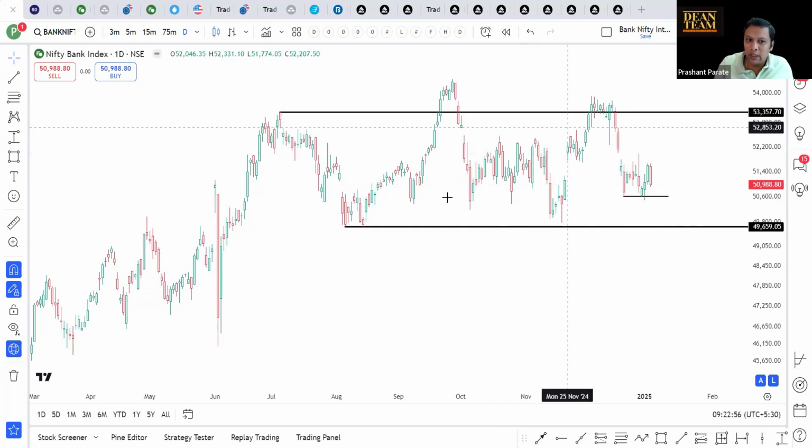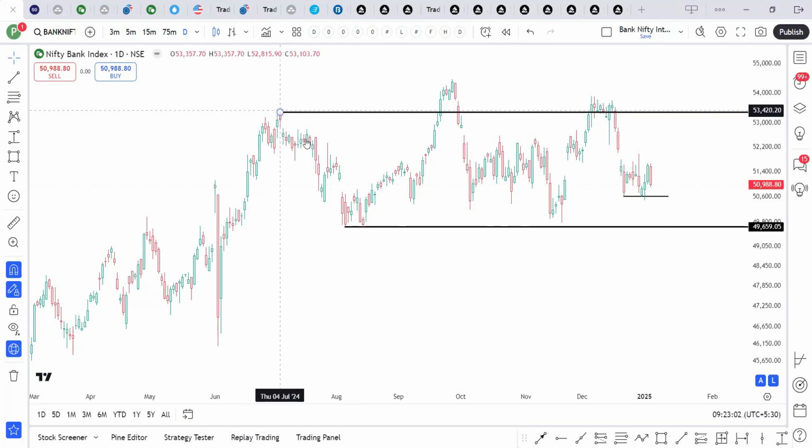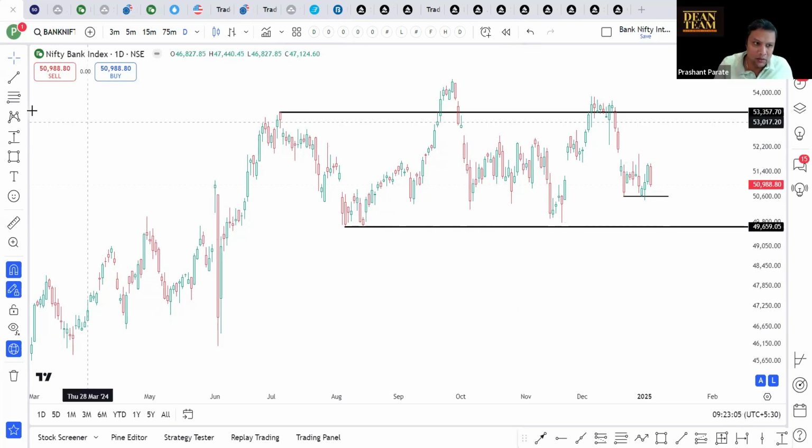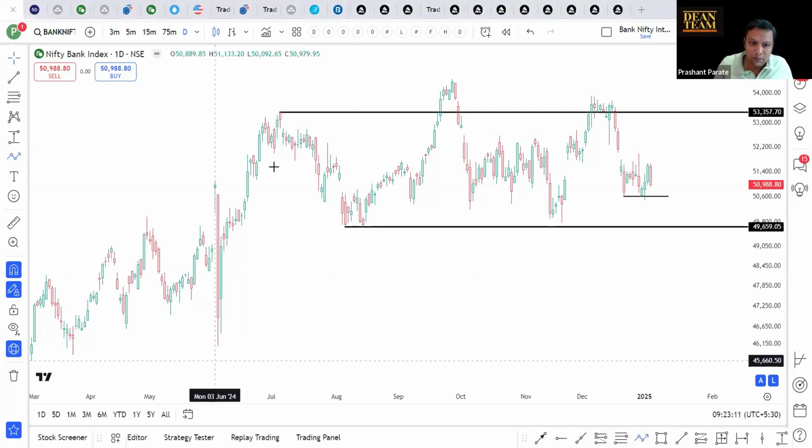Now, if we just want to analyze this much, this is the buying climax, and this is the whole trading range. If I have to mark, this will be my buying climax.